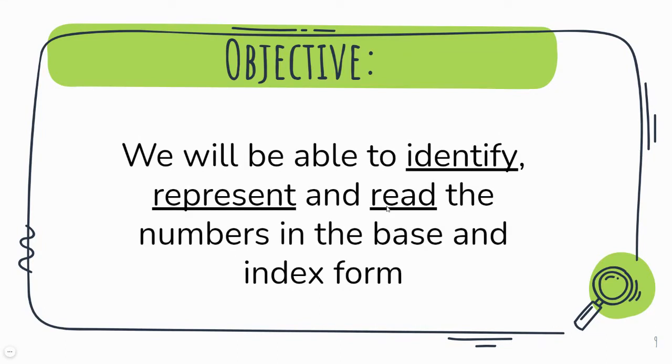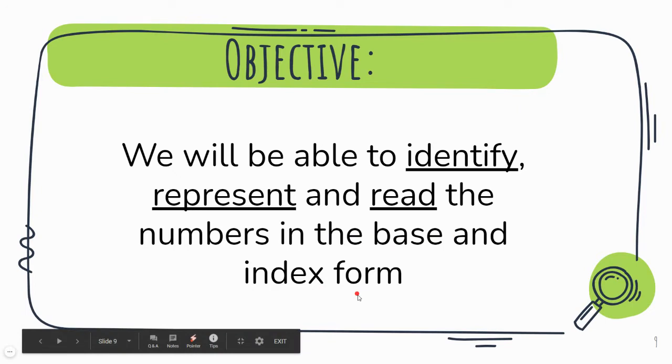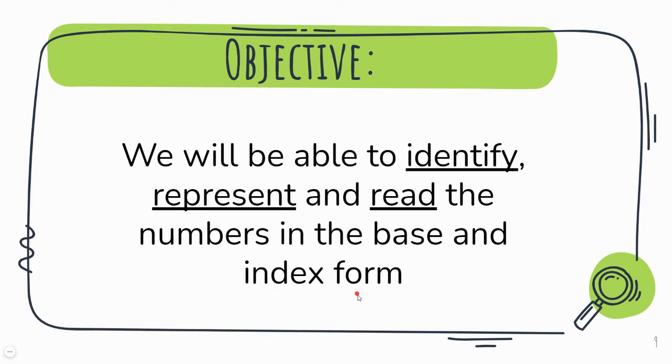The objective is we will be able to identify, represent and read the numbers in the base and index form. Please pause this video and write this in your notebook.